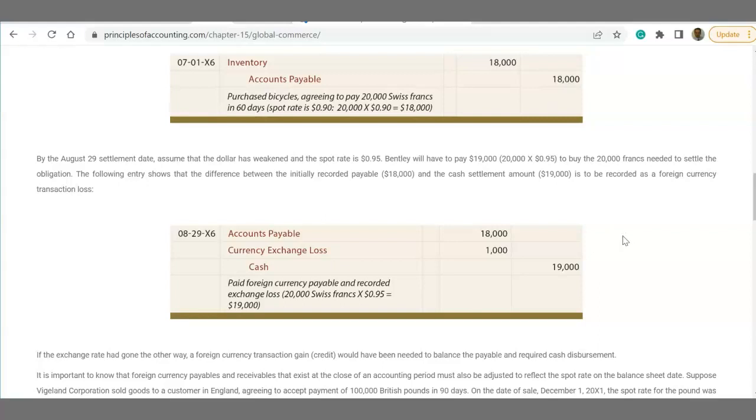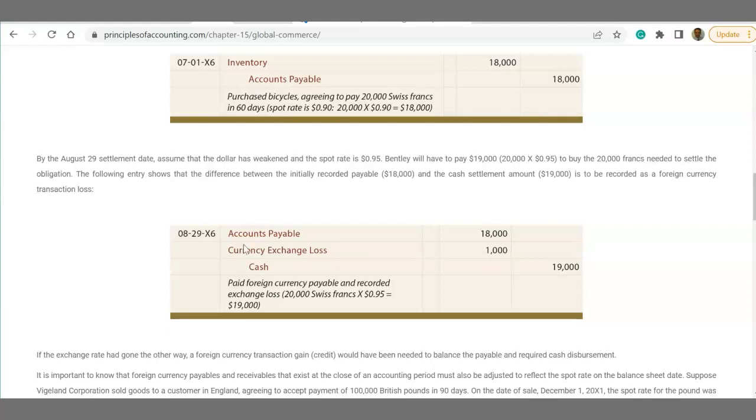So by the end of the year, before you prepare your financial statements, you do an adjusting entry, and you recognize that you have a possible currency exchange loss, and that's where it goes into other comprehensive income. Remember that other comprehensive income? I said those are things that didn't happen yet, didn't realize yet, but you need to recognize it. So that's where technically the recognition comes at the end of the year.